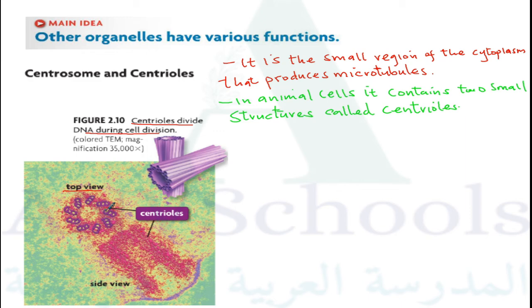Before an animal cell divides, the centrosome, including the centrioles, doubles, and the two new centrosomes move to opposite ends.